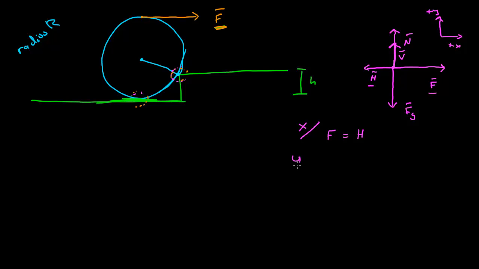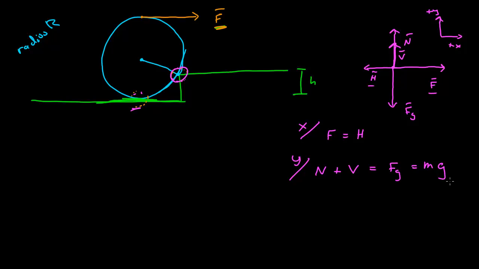So in the Y direction, then, since all my forces are along the coordinate systems, I have the magnitude of the normal force from the ground on the ball, which is here, plus the magnitude of the vertical component of the contact force between the corner and the ball must equal the magnitude of the force due to gravity on the ball, which is the mass times g.